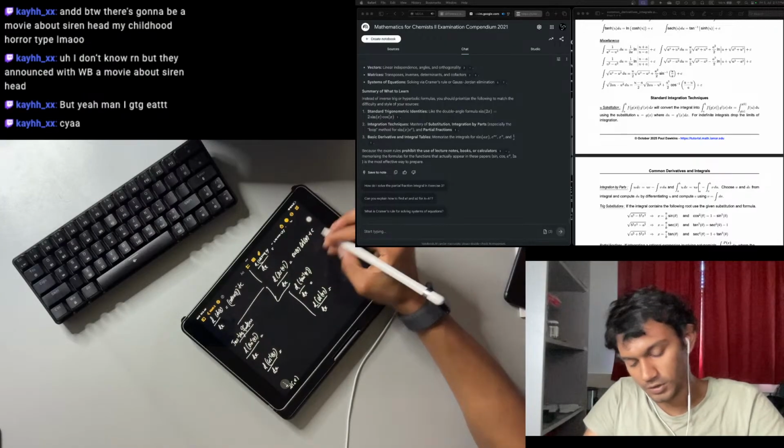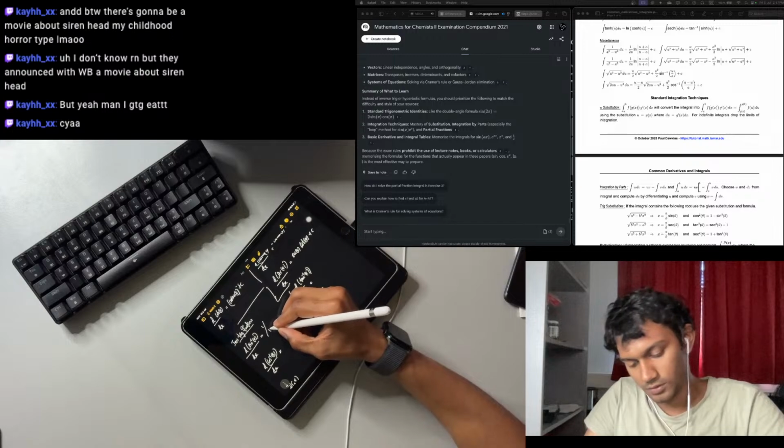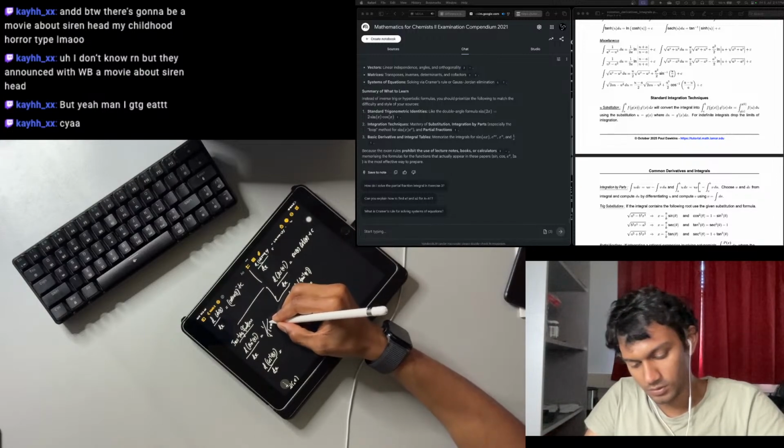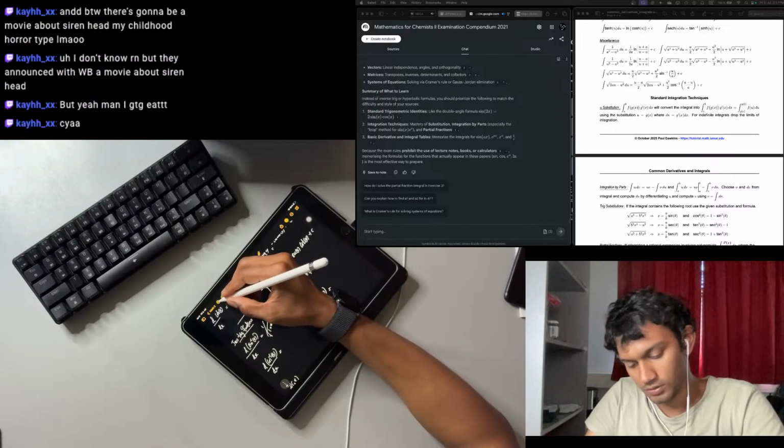Inverse trigonometric function. 1 by root of 1 minus x squared.